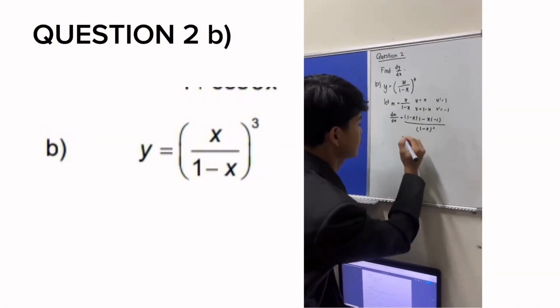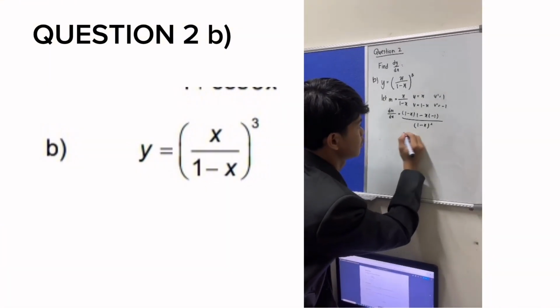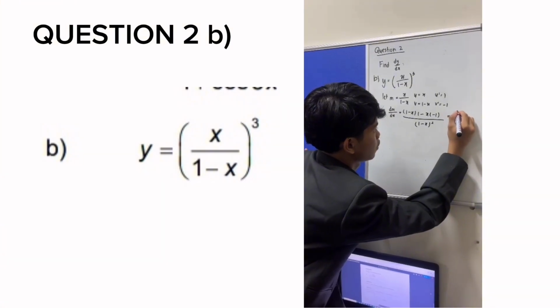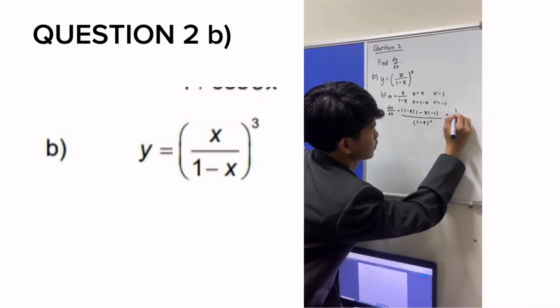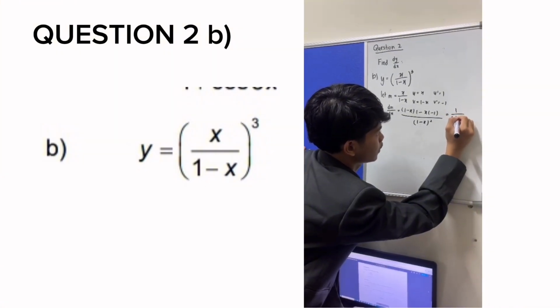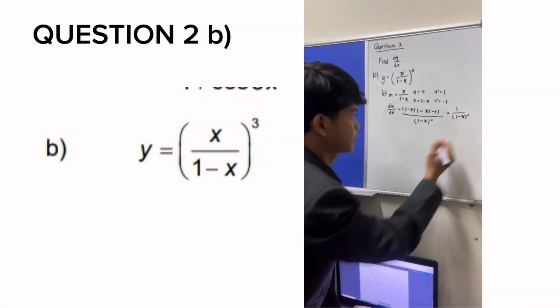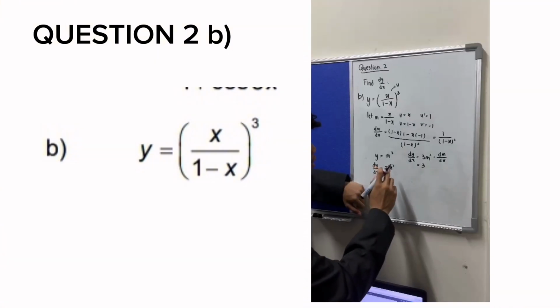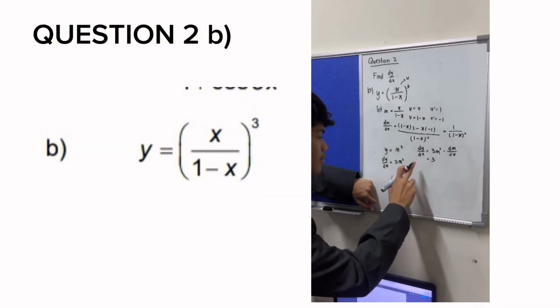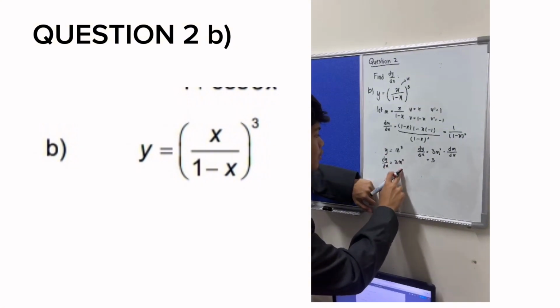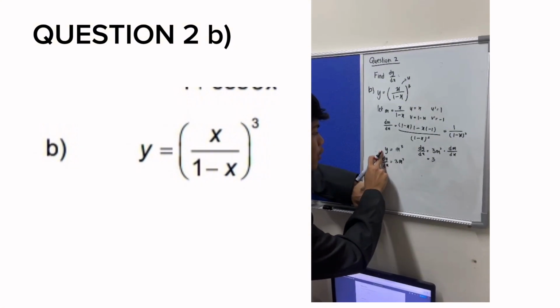And after that, we simply get 1 over 1 minus x squared. Okay, so this is the differentiation of m.